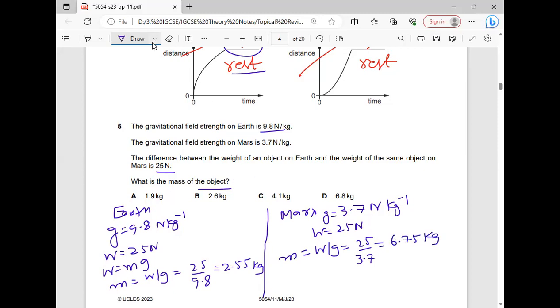Now, since it was given that it is the difference, we will find the difference: 6.75 minus 2.55, which is approximately equal to 4.2, and nearly it will be option C. So in this way, we can find the mass of the object, since this is the closest value to the answer.